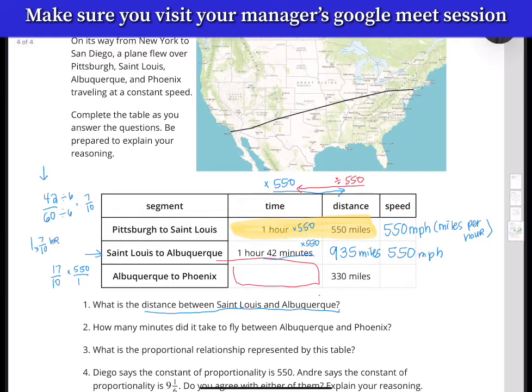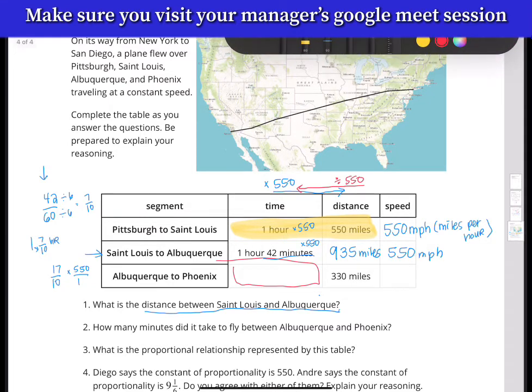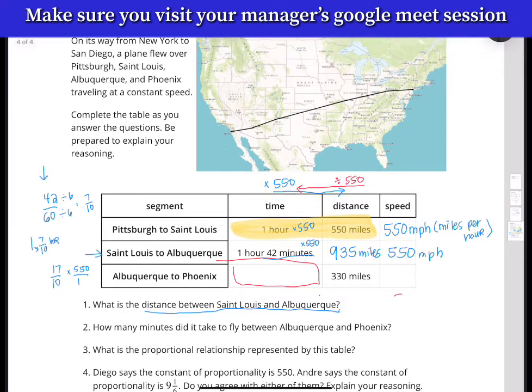Now, in this column, which I want to annotate in red, I want to divide by 550. So this is what that would look like. 330 divided by 550. And if you know this math trick, you'll know you can scratch out the 2 zeros.